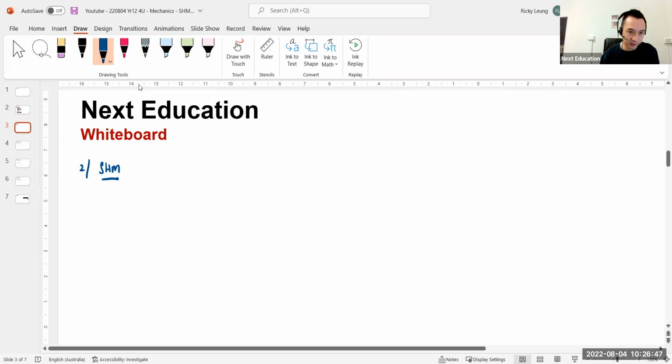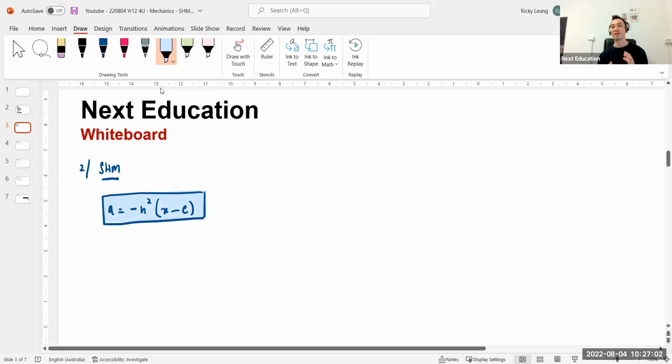So the formula is always acceleration equals a negative, some sort of constant squared, of x minus the center point, right? That, in a nutshell, is the formula. So whenever a question asks you to show that a particle or object moves with simple harmonic motion, if you can do it in this form, job's done.